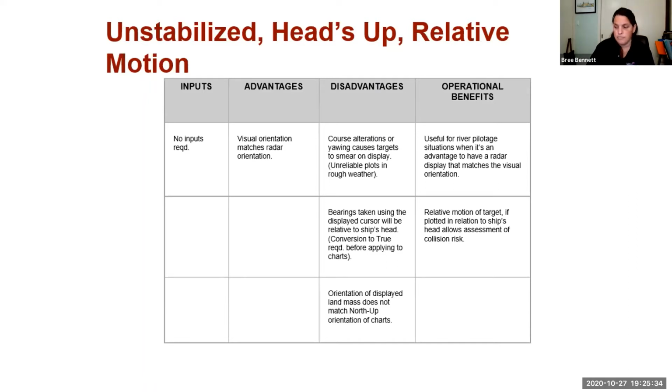So if you're making an approach to a piece of land, a harbor, or wherever, trying to figure out where you are, and the land matches what you're seeing, but the little picture on your radar doesn't match the picture on your chart, it can be very confusing. So you just have to be aware of it.